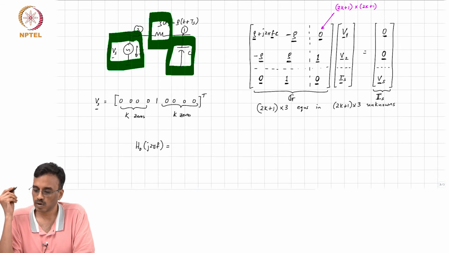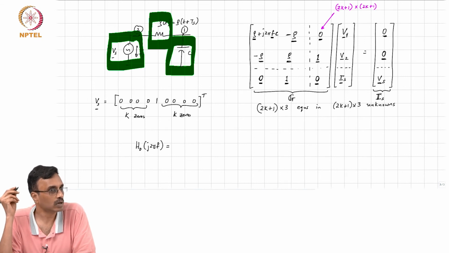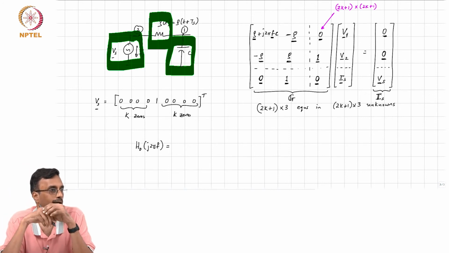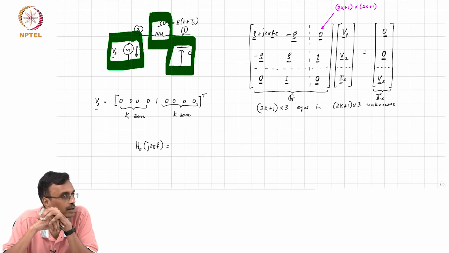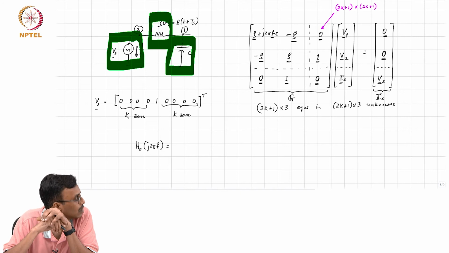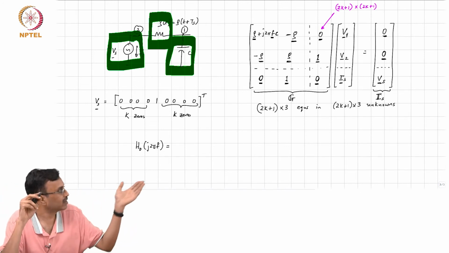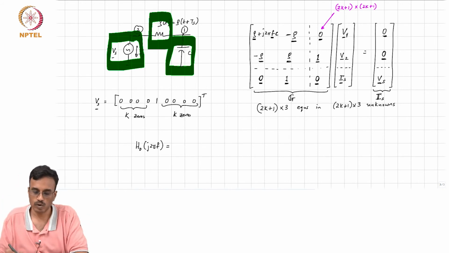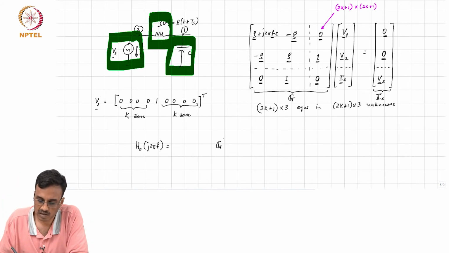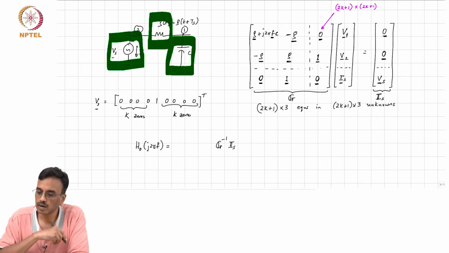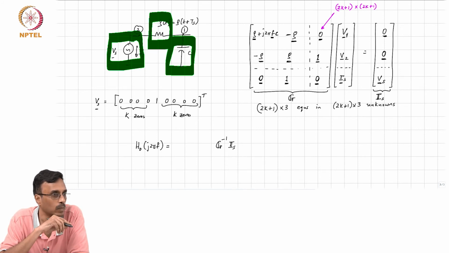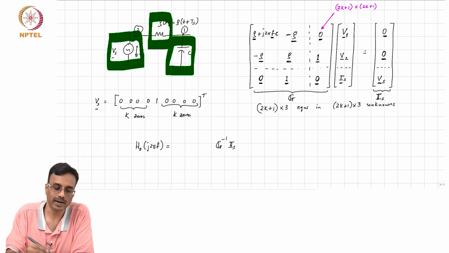So, what comment can we make if you want H 0 of j 2 pi f? What will you do? You will first calculate, I mean, to calculate the V1 matrix, you will have to invert the system of equations. So, notationally, therefore, it is G inverse IS, all right.